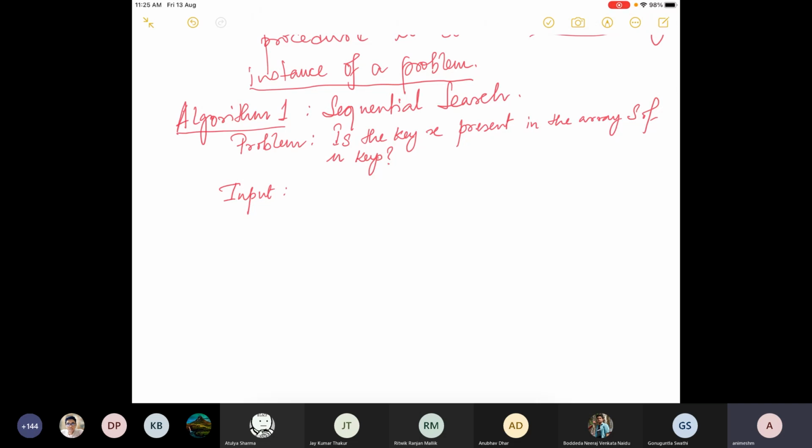Inputs, as you can understand, are the parameters of the problem.